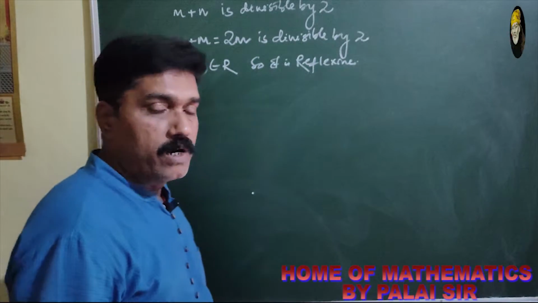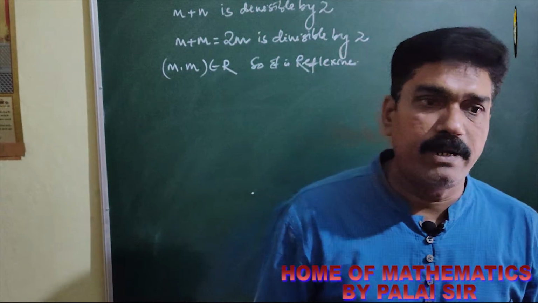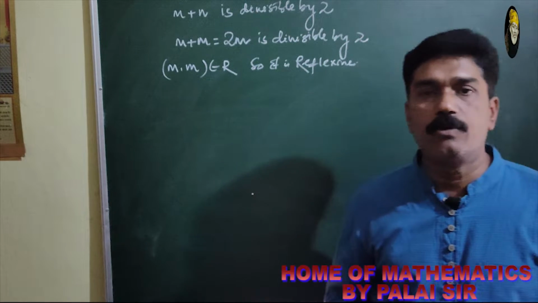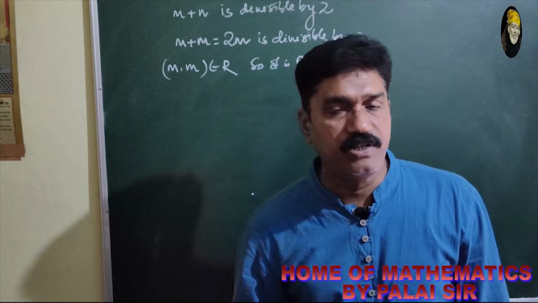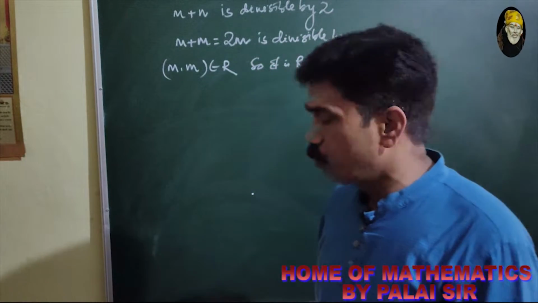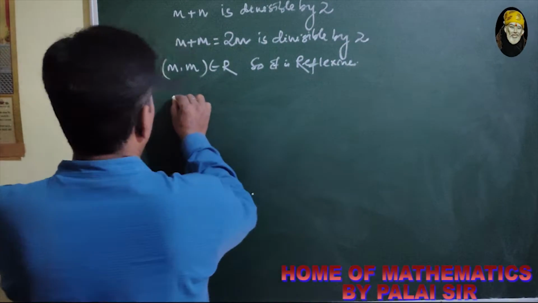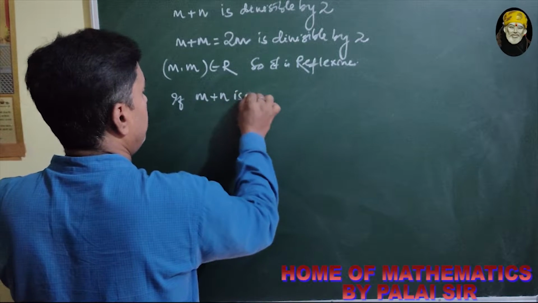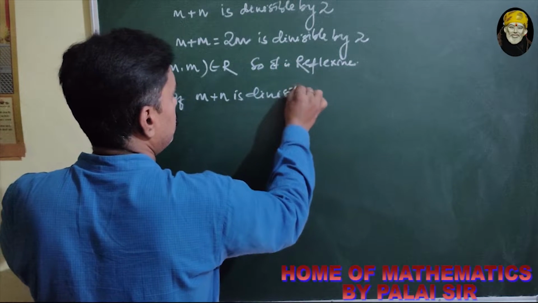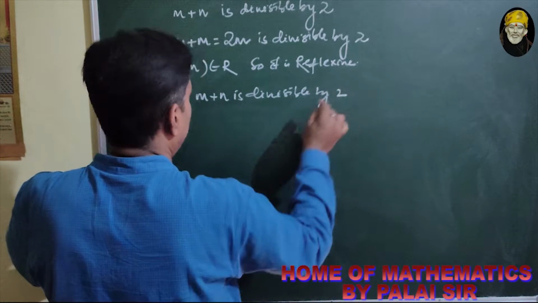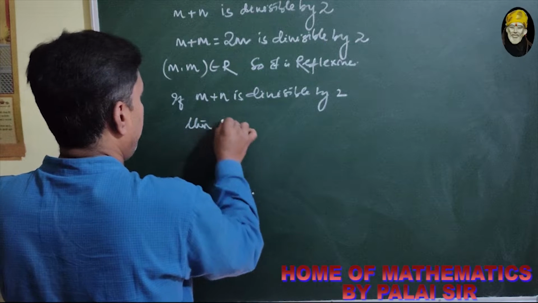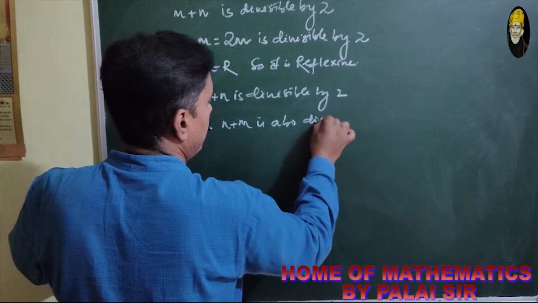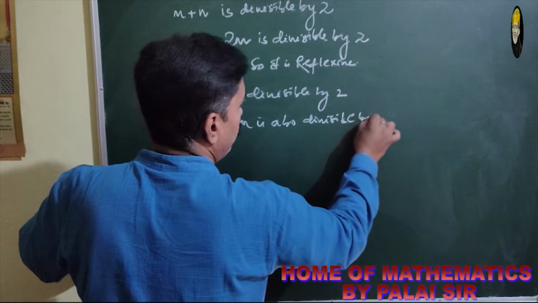And what is the condition for symmetric relation? The relation which is going to exist in between x and y, the same relation should exist in between y and x. So here, if m plus n is divisible by 2, then n plus m is also divisible by 2.